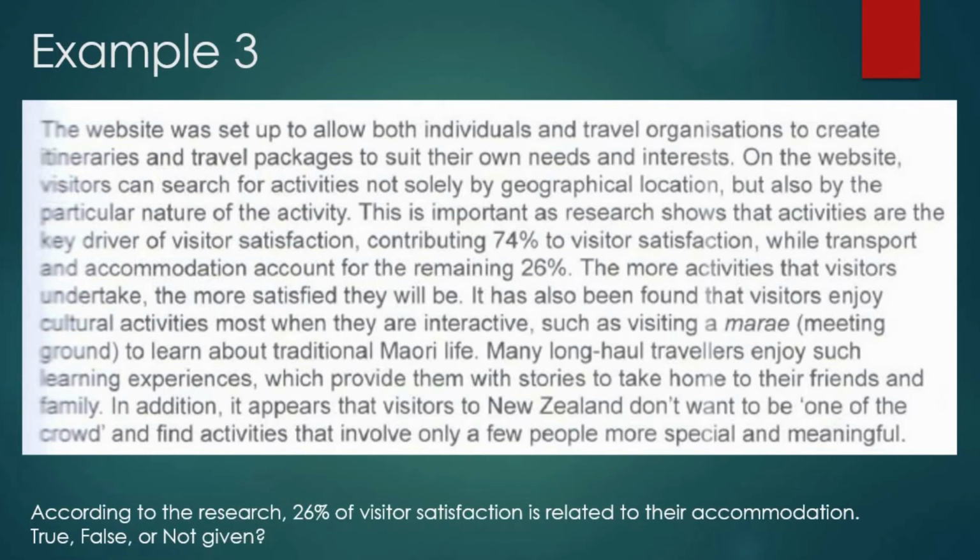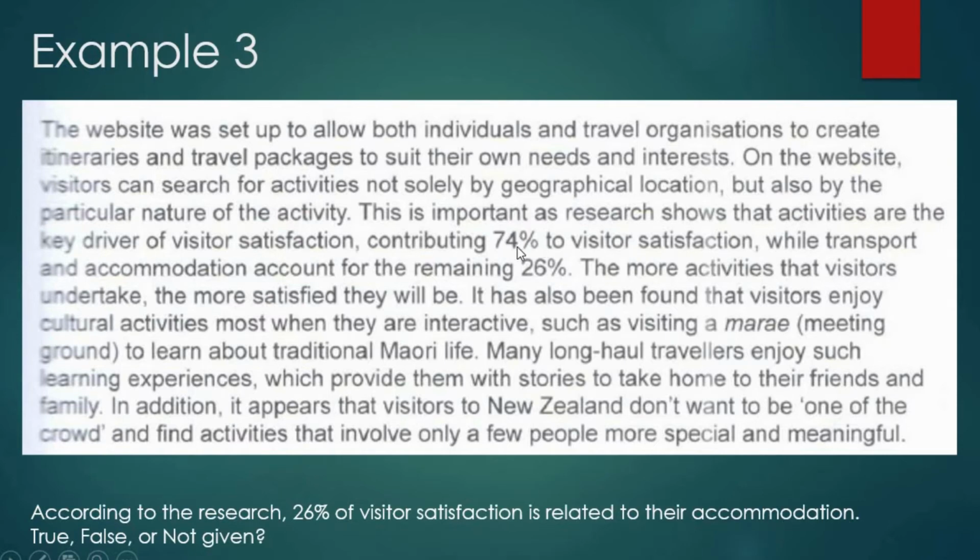Now pause the video and search for the answer because it's the same paragraph. Done? Alright. Now the answer is extremely easy to detect because of the 26% figure in the question and the paragraph. According to the research, 26% of the visitor satisfaction is related to the accommodation.